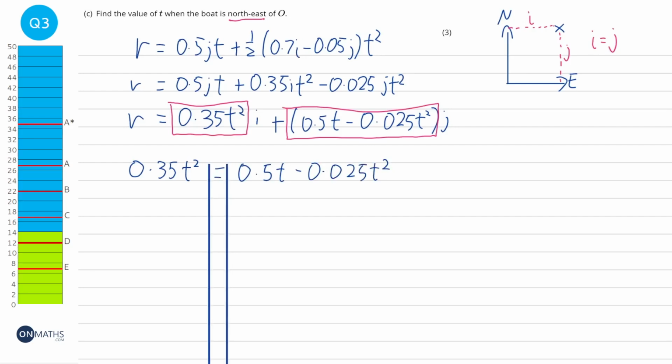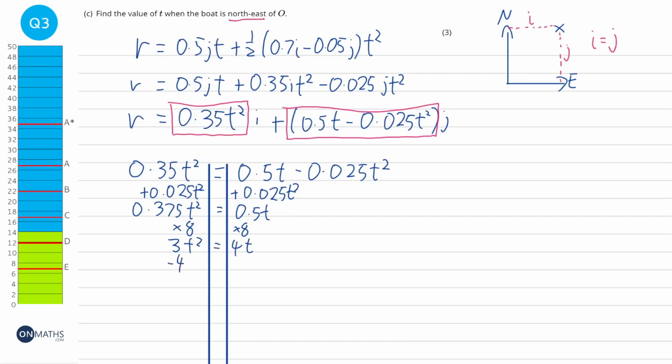So first thing we can do is add the 0.025t squared to both sides. So we can collect the t squared, so that would be 0.375t squared equals 0.5t. We can actually times both sides by 8, because if we do that, we get a nice 3t squared equals 4t, much easier to work with.